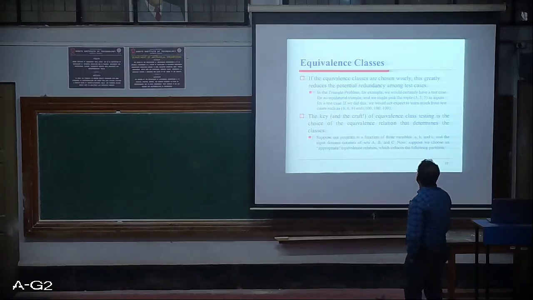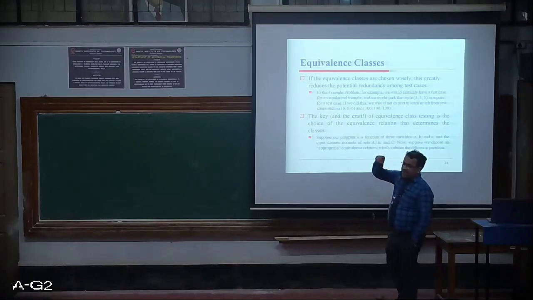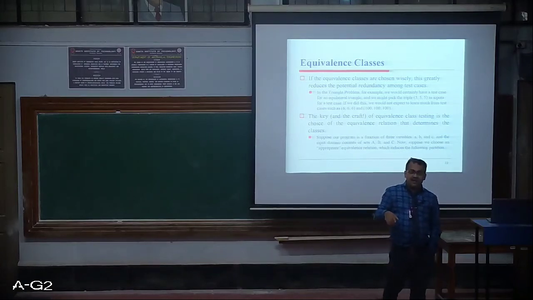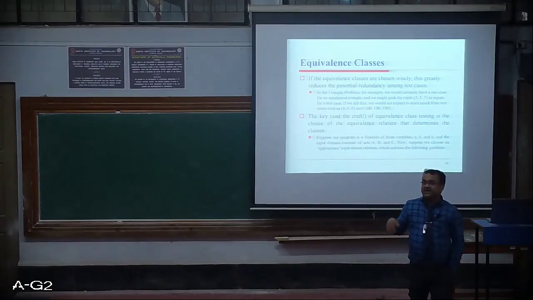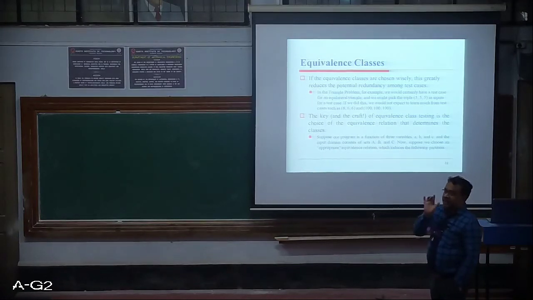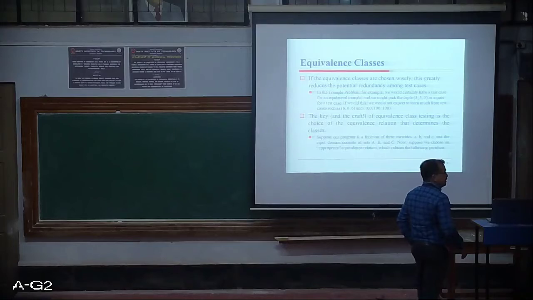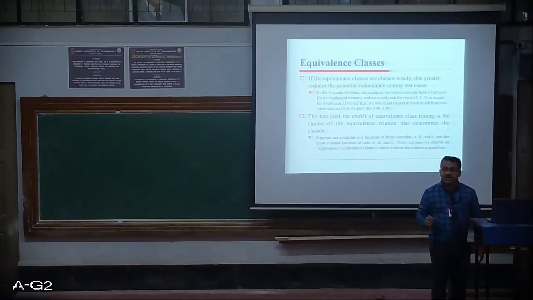If we pick a triple 5, 5, 5, then we are not going to get much information by taking again 6, 6, 6 or 100, 100, 100, because 5, 5, 5 is a good enough representative of that equivalence class. So we don't have to test again for 6 or 100, 100, 100.